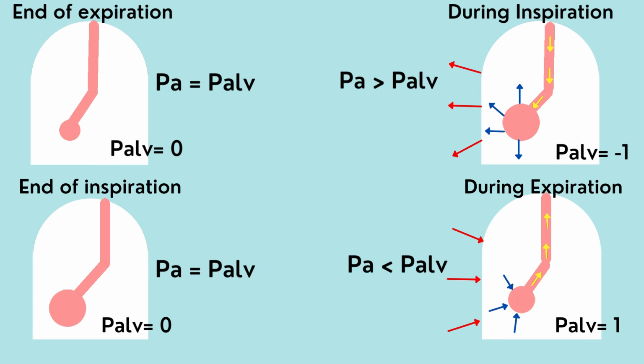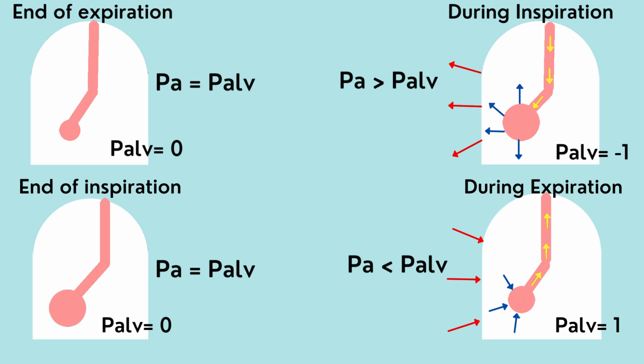At the end of expiration, that is at FRC, the alveolar pressure is 0, and note that PA is atmospheric pressure and PALV is the alveolar pressure. So here your alveolar pressure is 0, which means, because it is at rest at the end of expiration and the entire system is in equilibrium, there's no airflow. The next one, as you can see on your right hand side, during inspiration, as your rib cage expands, it creates a negative pressure, so even your alveoli have an outward negative suction pressure, as I explained before.